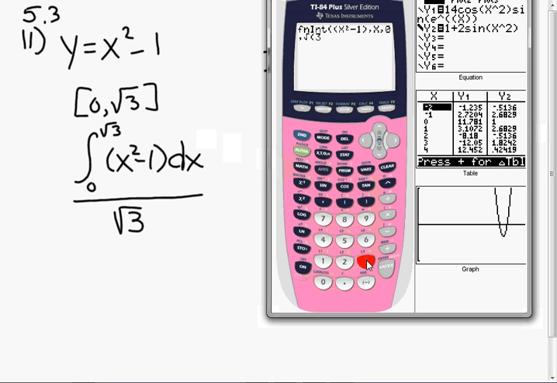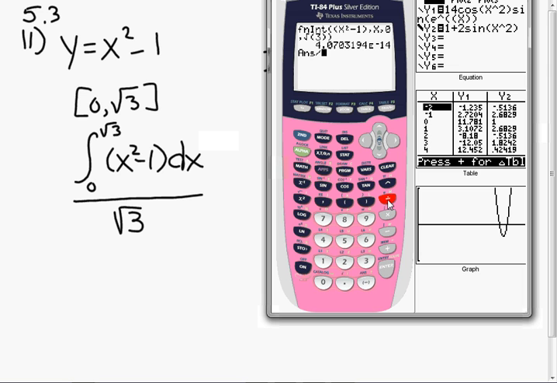Okay, did I have it typed in right? I think so. So 0? Whoa, that's a really small number. And then what do you have to do with this? Divide it by the square root of 3.